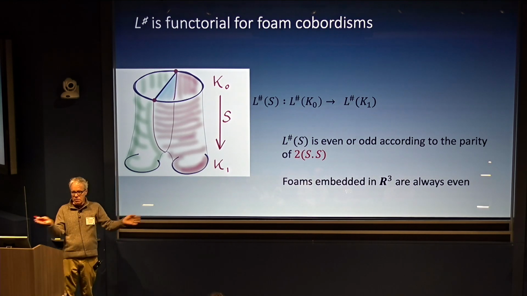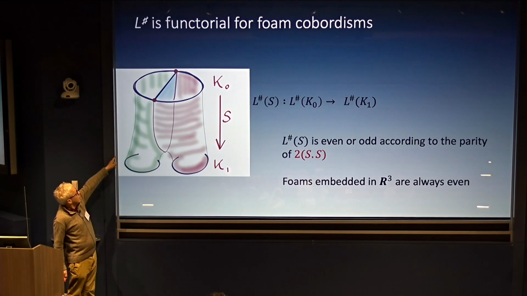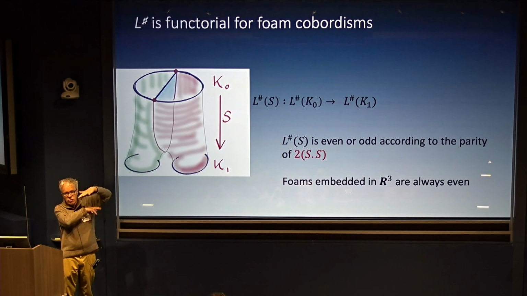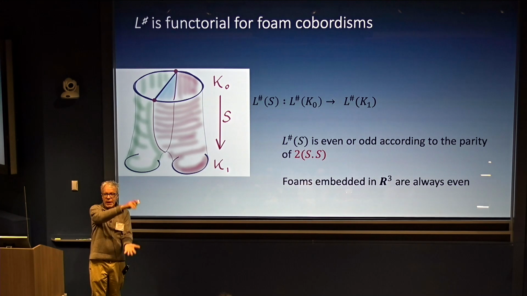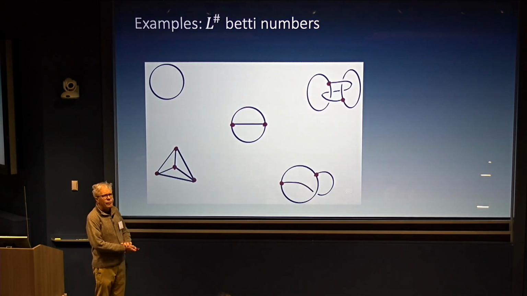Kind of not surprising, it's got trivial self-intersection. The webs on the boundary are embedded in 2 space, they're planar, and they've got their planar binary framings. So for things in R3, cobordisms between planar diagrams, planar webs, everything is even.